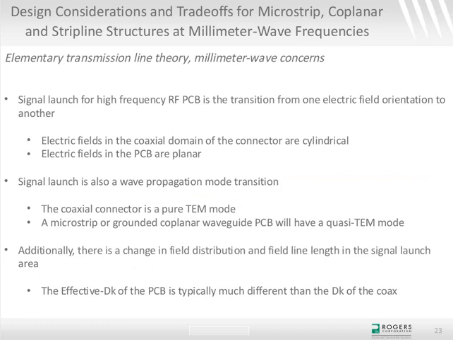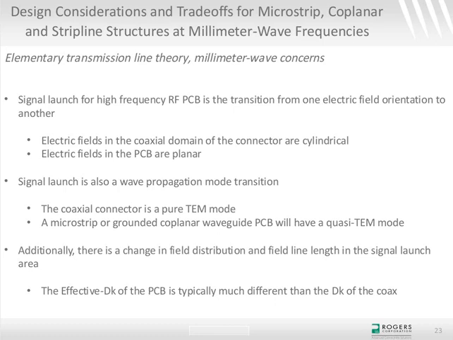But one thing is in this transition area from the connector to the printed circuit board, really you have electric fields transitioning orientations. So in the coaxial connector, the electric fields are a cylindrical orientation, and in the printed circuit board, they're planar. So that transition is one issue why signal launch can be problematic.